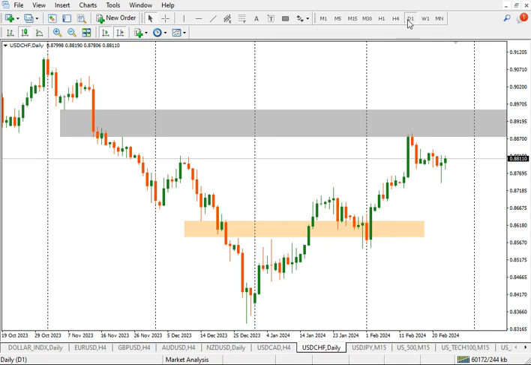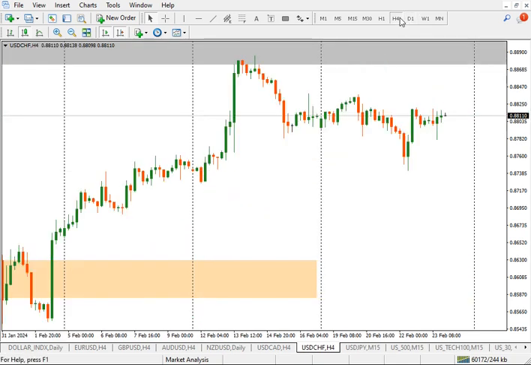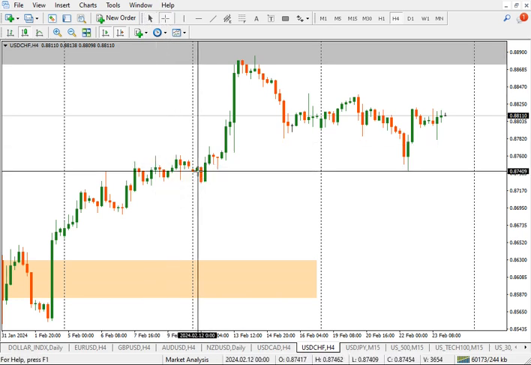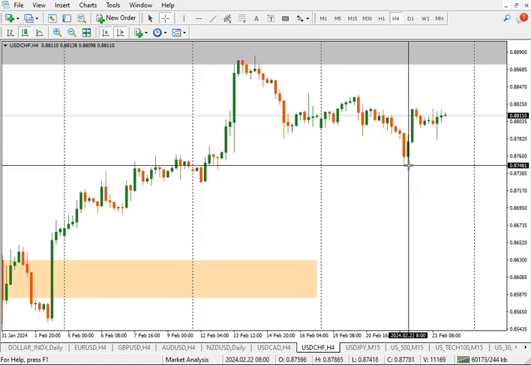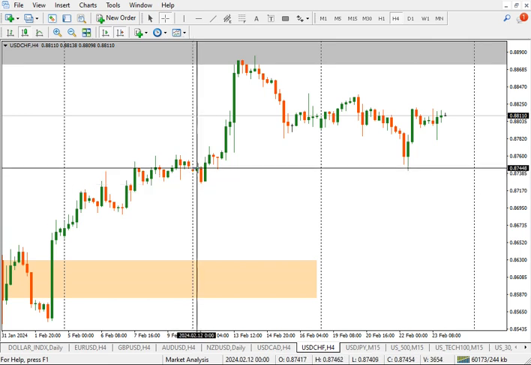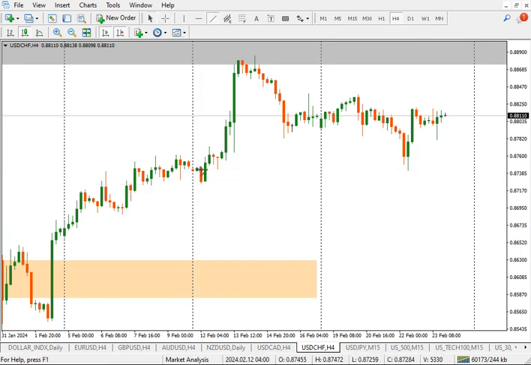Let's go to the 4 hours time frame. Sell side liquidity has been pushed back to this bullish order block right here. You can see our price traded to it on Thursday, so that has been taken care of.